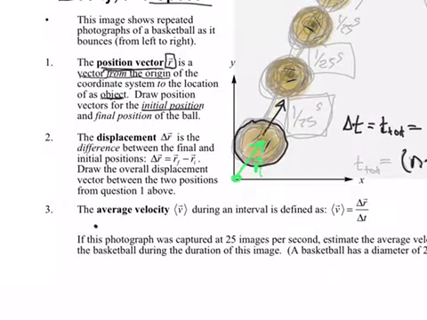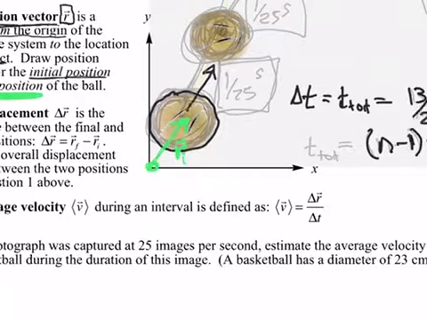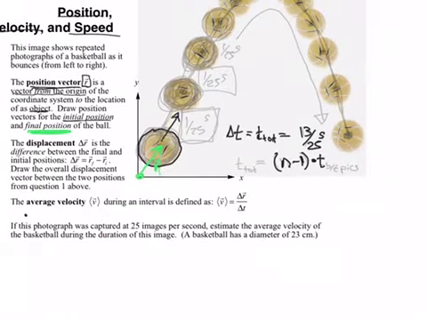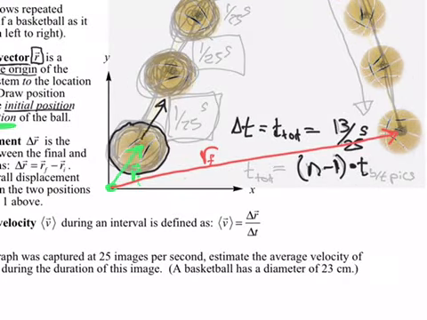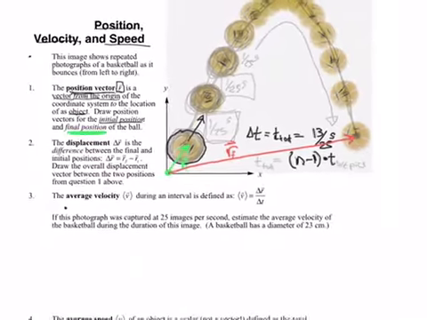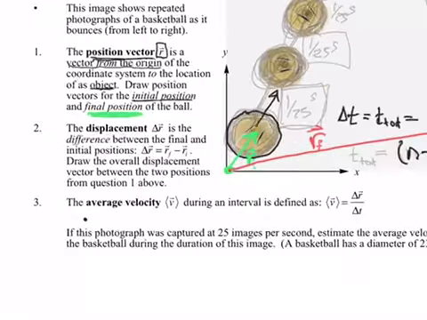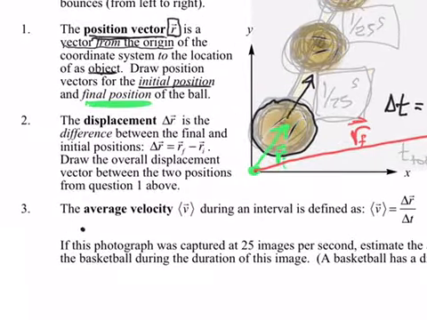And then we're also asked the final position vector of the ball. The final position, just in red, is going to be this arrow here, and we will call that r sub f. Now we have our position vectors, and we're asked to find the displacement vector.